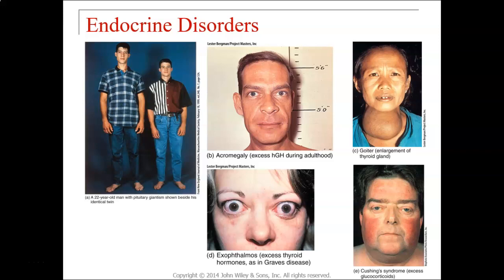We see this as the release of excess glucocorticoid, or most specifically, excess cortisol release. And that's something called Cushing's syndrome. So again, these are just some of the endocrine disorders which can arise, that we're going to talk about.